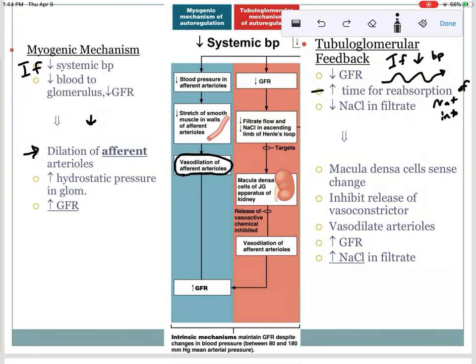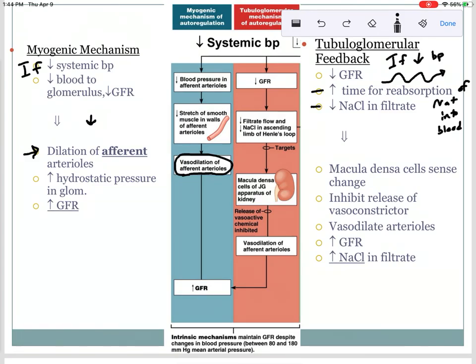Because remember, tubular reabsorption is when we reabsorb good things from the tubules back into the blood. So when we have a drop in blood pressure, we have a lower glomerular filtration rate. Things are moving too slowly. We can reabsorb too much into the bloodstream. And if we reabsorb too much into the bloodstream, that results in less sodium in the filtrate.